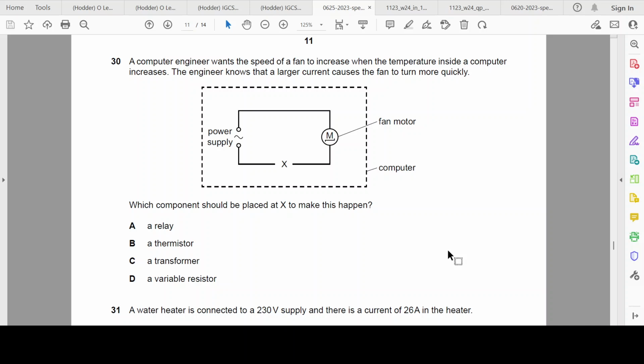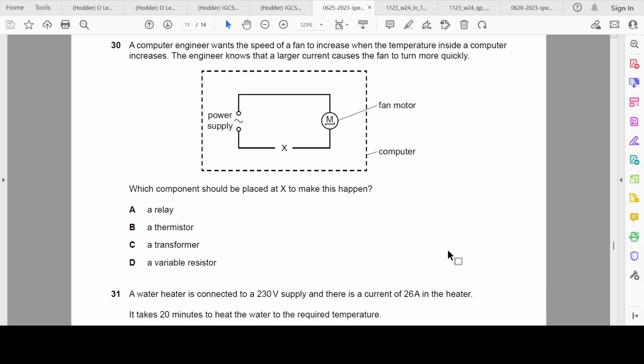Question 30. A computer engineer wants the speed of a fan to increase when the temperature inside the computer increases. The engineer knows that a larger current causes the fan to turn more quickly. So you've got this circuit inside the computer: a power supply, component X, and then the fan motor M. Current passes from the power supply through X to M and then back.